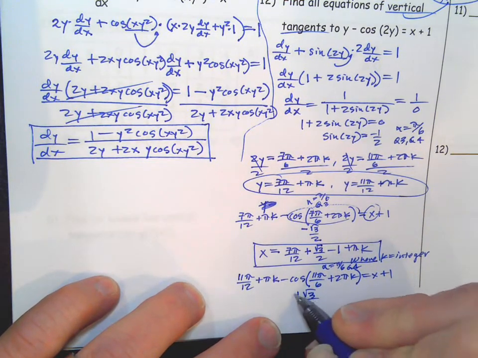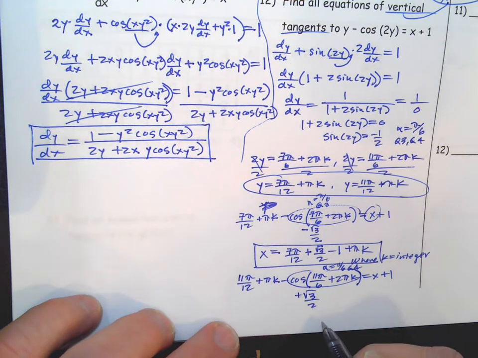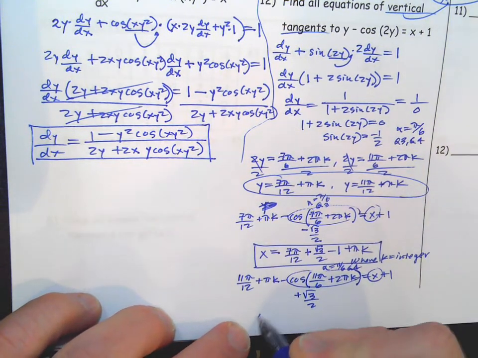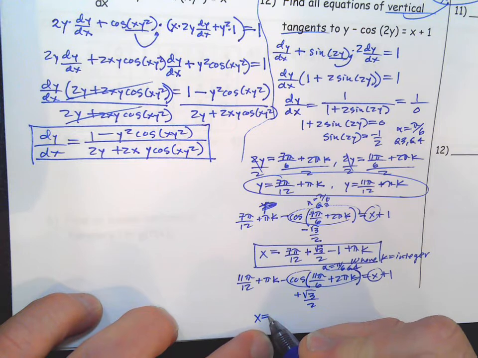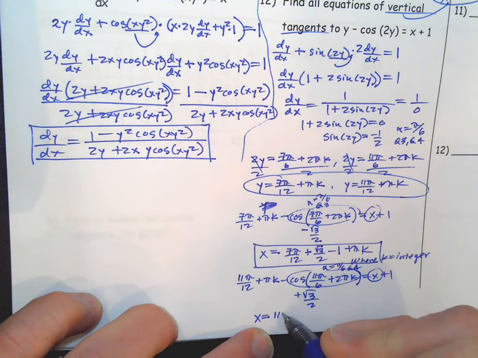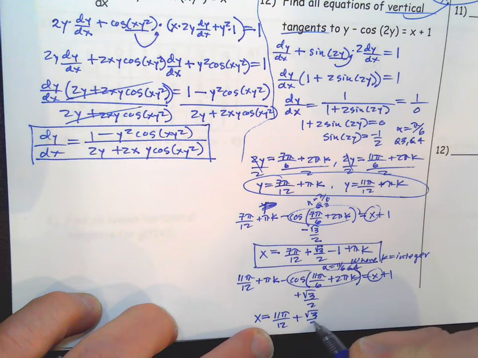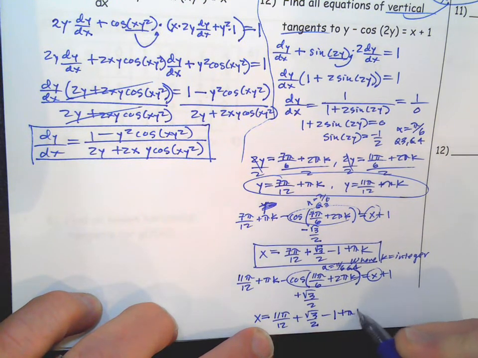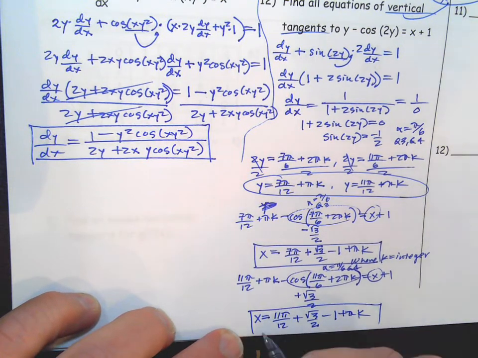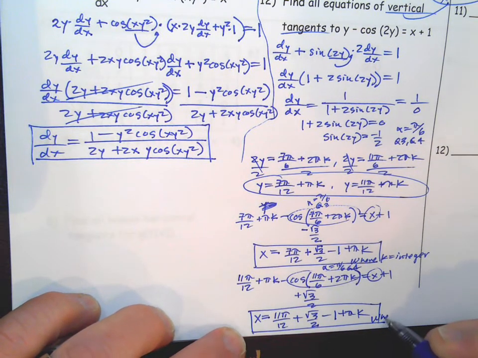It's going to be positive, this whole thing right here. So if we solve for x, we're going to get x equals 11 pi over 12 plus root 3 over 2 minus 1 plus pi k, where k equals an integer.